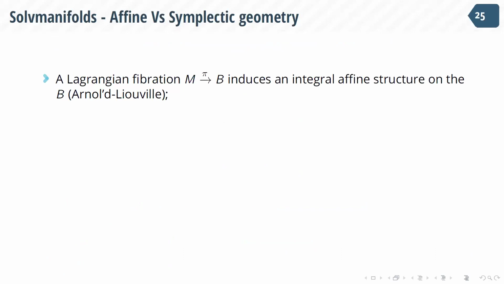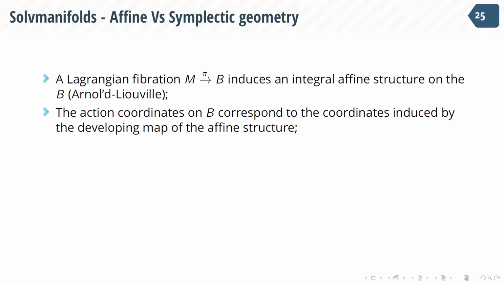As we have seen before, there is a relationship between symplectic geometry and affine geometry, and this is thanks to the Arnold-Liouville theorem. When we have a Lagrangian fibration between compact manifolds from M to B, this induces on the base an integral affine structure. What is very important is that the action coordinates that come from the Arnold-Liouville theorem are precisely the coordinates that are induced by the developing map when seen inside R^n.